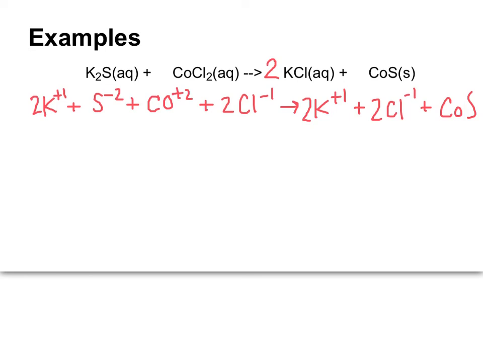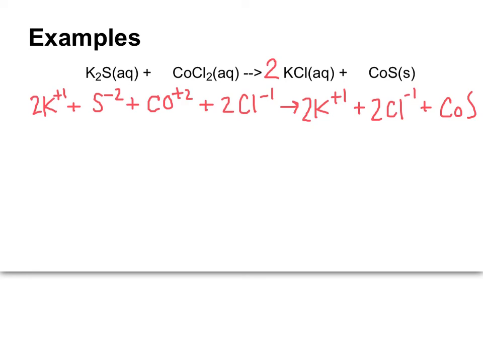Anything labeled as solid, in this case, which is the CoS, stays together. The other piece of information you should remember is that the number of ions matters. So the coefficient of 2 we put in front of the KCl gets added to both the K and Cl ions.